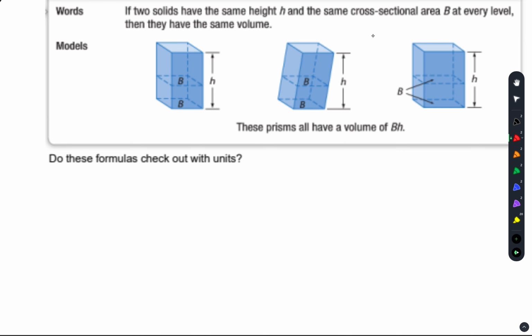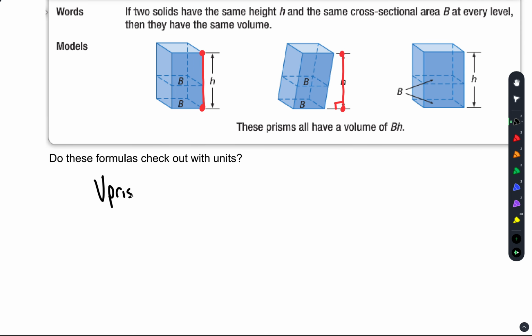Let's talk units really quickly. Hopefully we know what the unit for volume is, but let me prove it to you really quickly. If I think about the volume of a prism formula, let's say that I have a prism, and its bases are meters by meters, and then it's some meters tall.